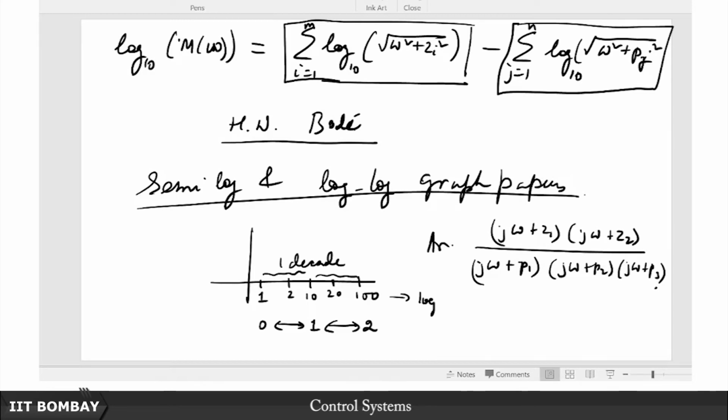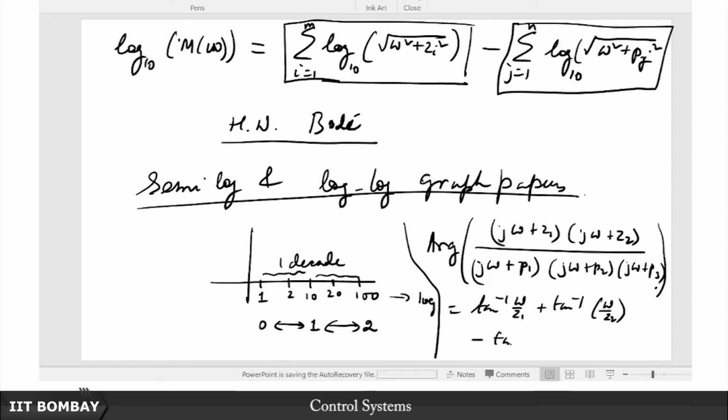Now if you want to take the argument of this complex number, what you do is exactly the same. You take these individual components. So the first term's individual component is tan inverse ω by z1, plus tan inverse ω by z2, minus tan inverse ω by p1, minus tan inverse ω by p2, minus tan inverse ω by p3.